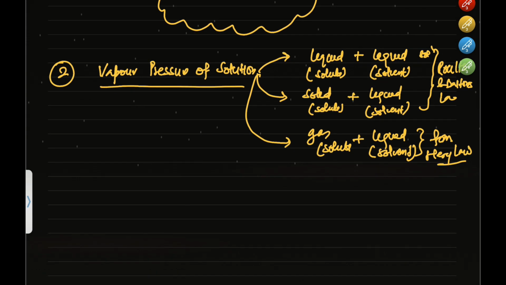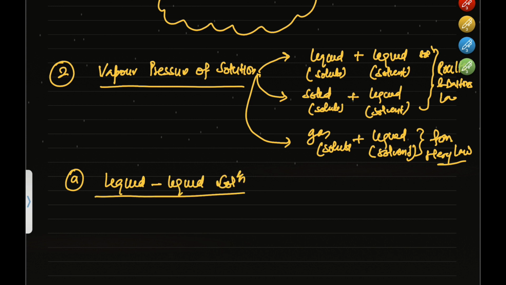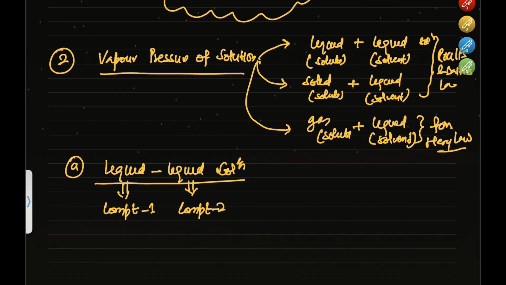Okay, so write down the heading A, liquid solution. Let us consider the liquid 1 is component 1 and the other liquid, the solvent, is component 2.